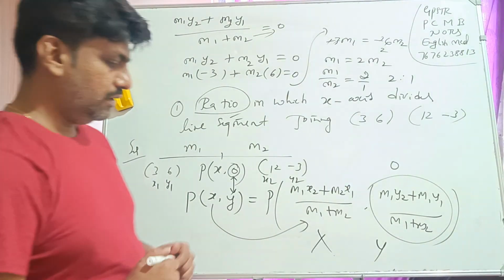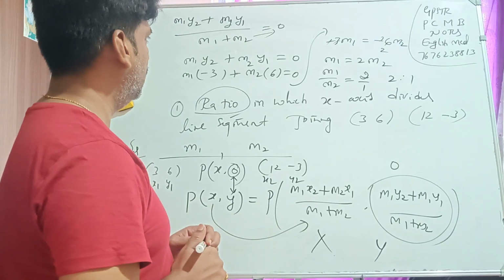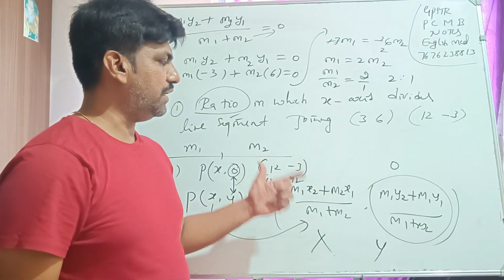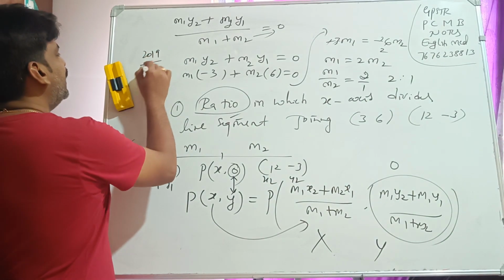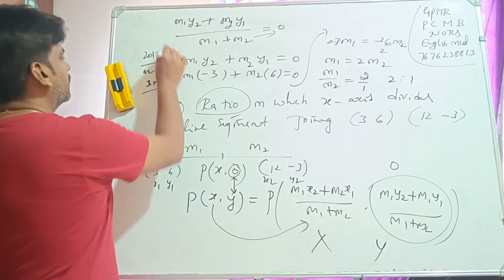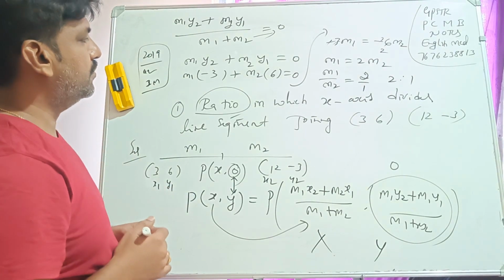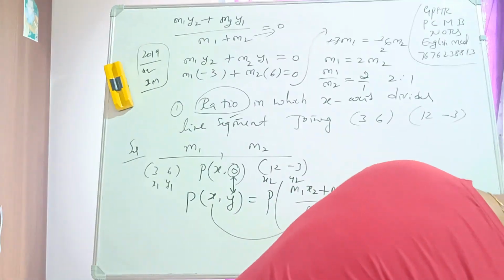So this is a problem on the section formula. One simple problem and one question paper problem. And this, I think I already told you, is 2019 GPSTR. It is asked for 2 marks. Right? This is how a coordinate geometry problem may appear in your exam.